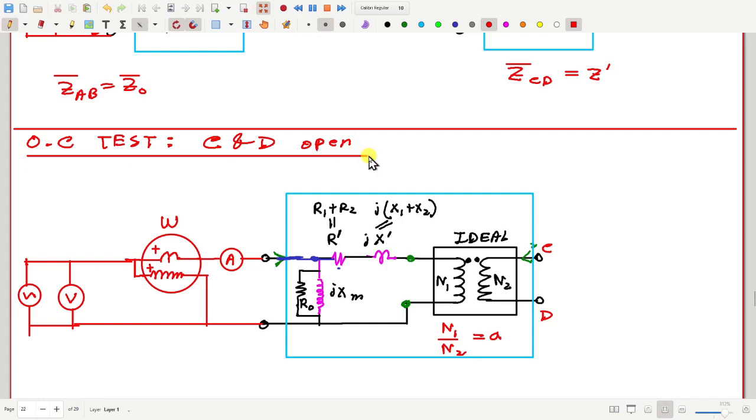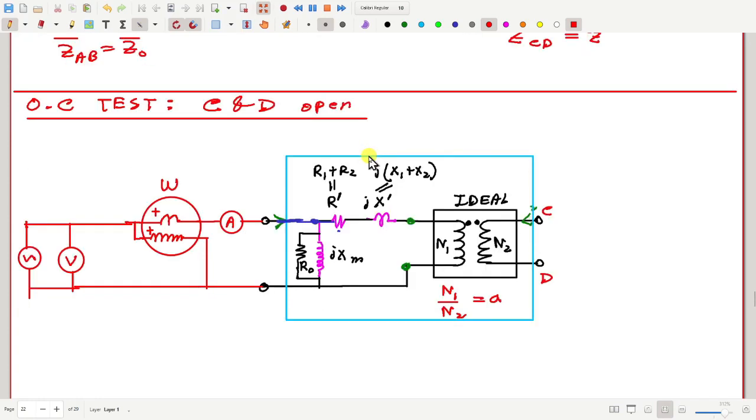Now, the readings of the wattmeter, ammeter and voltmeter are known, are seen.